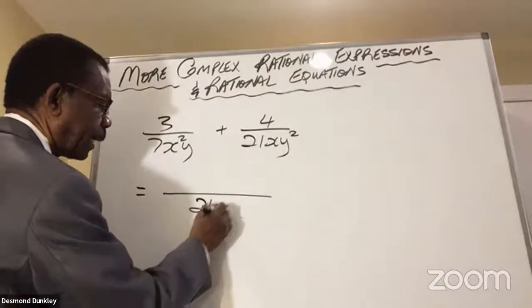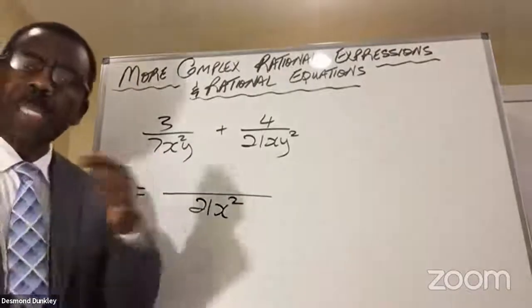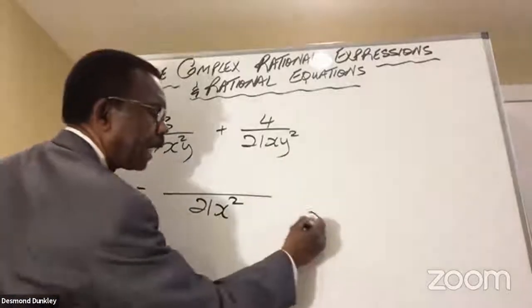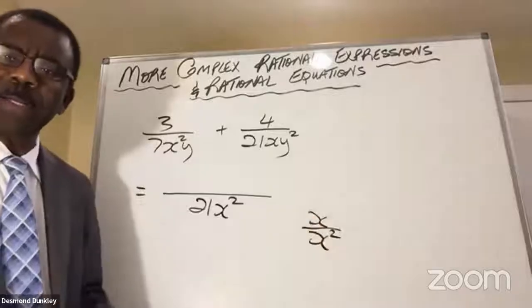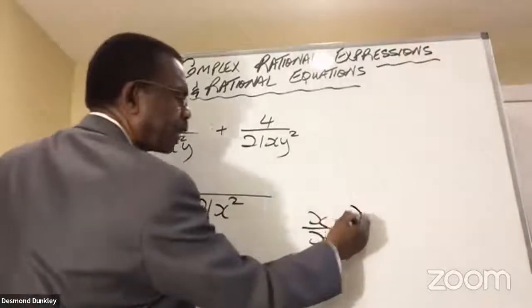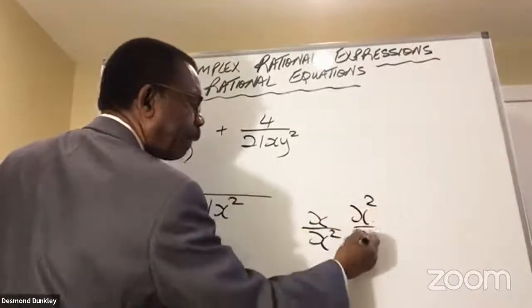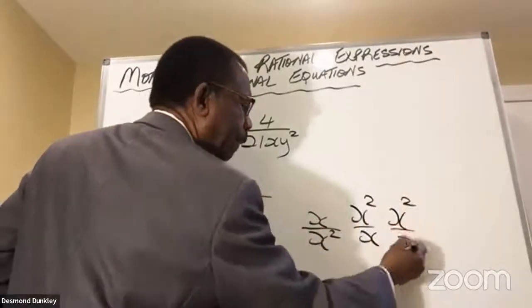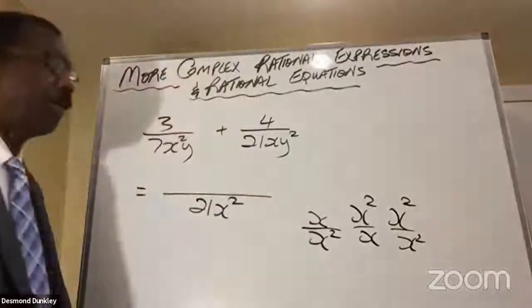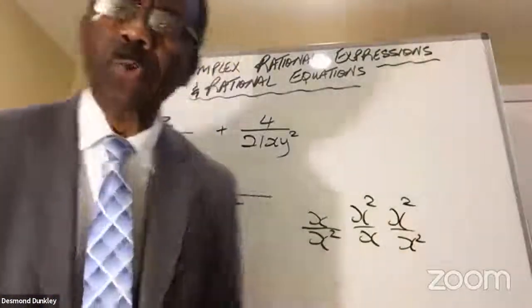It has to be x squared. You can't use just x because x divided by x squared would not work. However, x squared can be divided by x, and x squared can be divided by x squared. So therefore, x squared is the better choice.